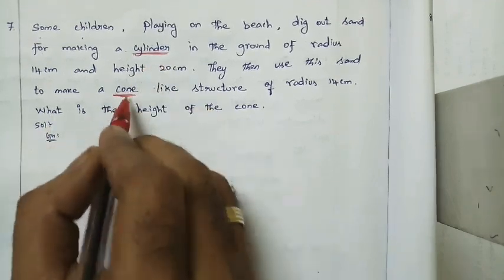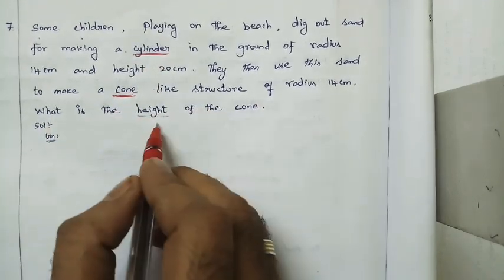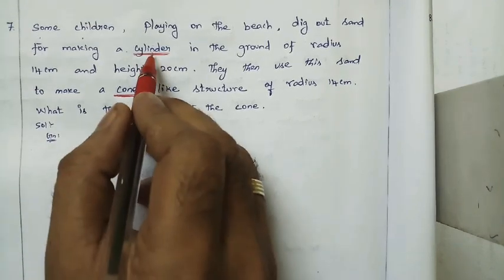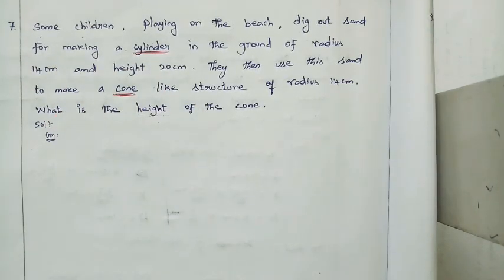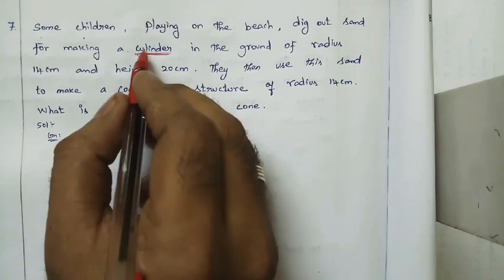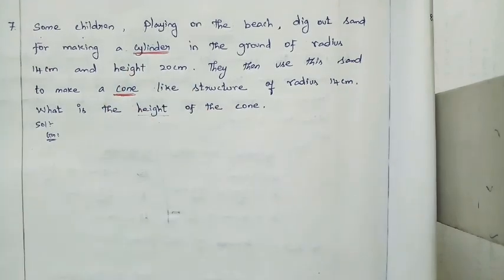By equating these two, we will get the height of the cone, which is what they ask us to find. They take the volume of cylinder from the beach, and once again construct the cone. The same sand only they are using.